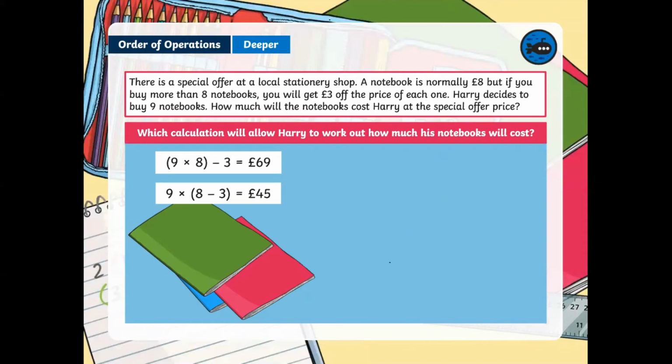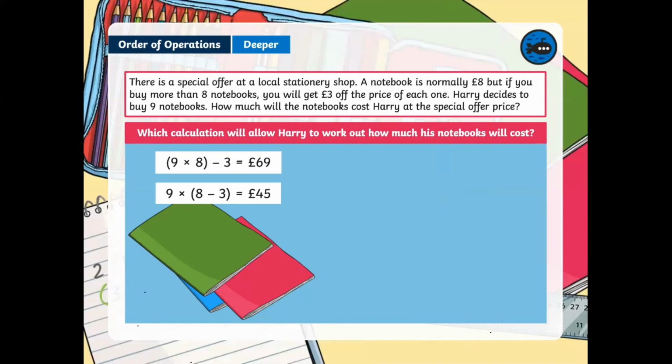So let's just quickly read through the word problem again, making sure that we understand what they're asking. There's a special offer at a stationery shop. A notebook is normally €8, but if you buy more than 8 notebooks, you'll get €3 off the price of each one. So all the notebooks become €3 cheaper.